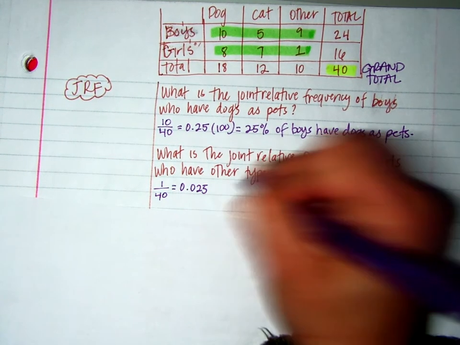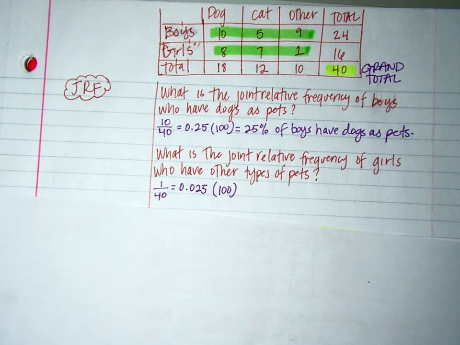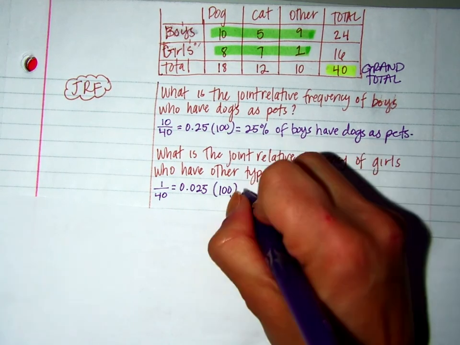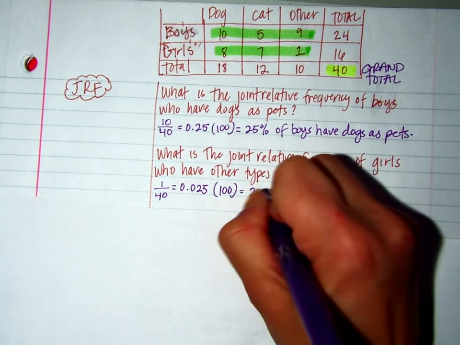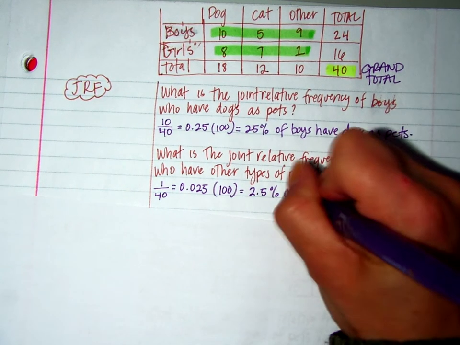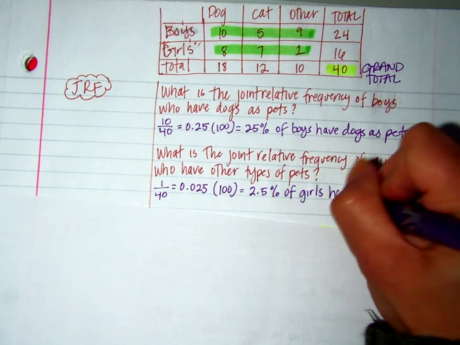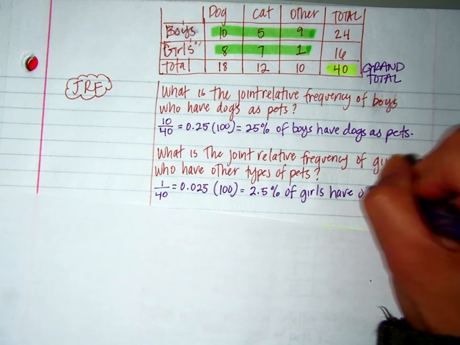I'm going to multiply that by 100 to turn it into a percent. And I have 2.5%. Okay, I have 2.5% of girls who have other types of pets. Okay?